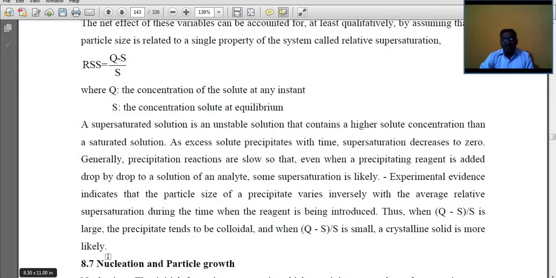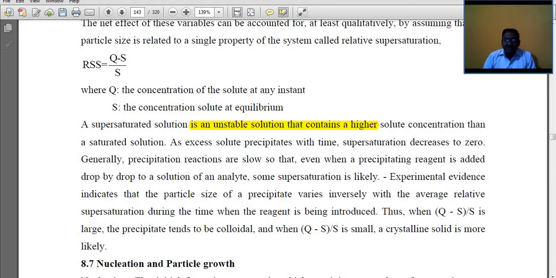A supersaturated solution is an unstable solution that contains a higher solute concentration than a saturated solution. As excess solute precipitates with time, supersaturation decreases to zero.